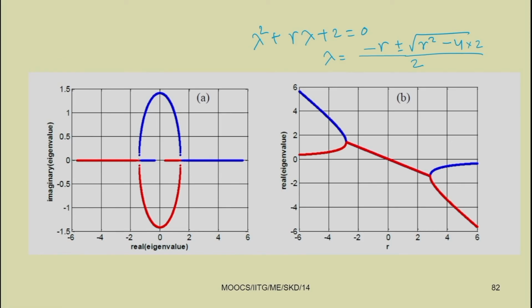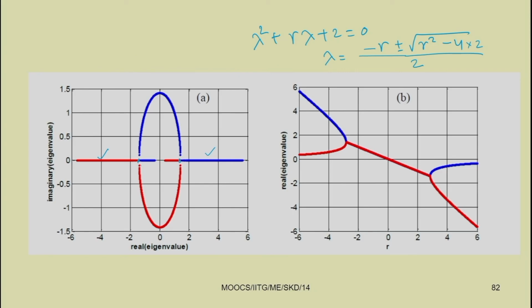Up to a certain point we have only a real part, and from that point we have a complex number with both real and imaginary parts. After that we have only the real part. This way we can see whether it has a real part, an imaginary part, or is a complex number.